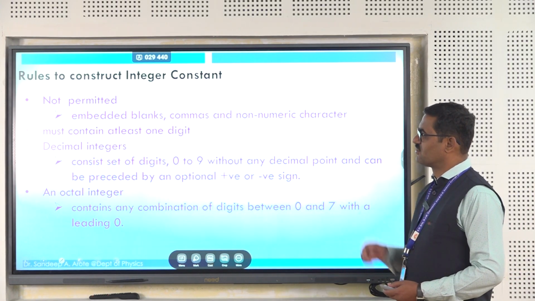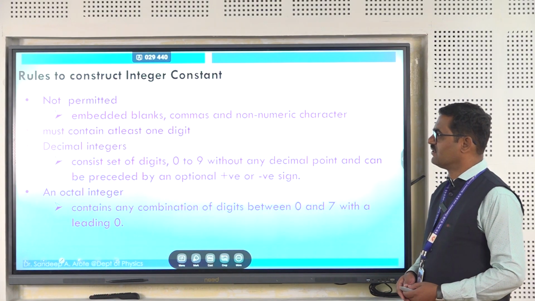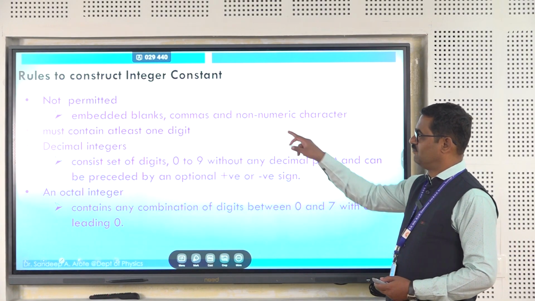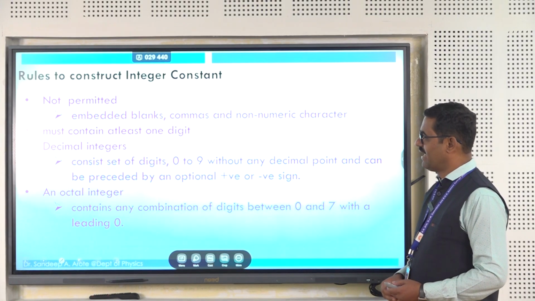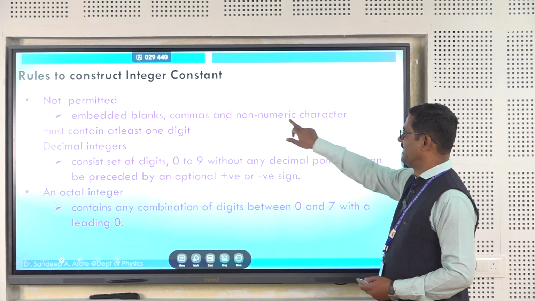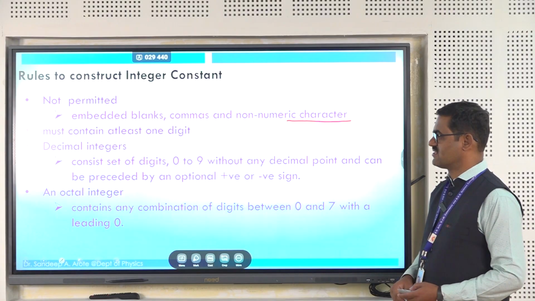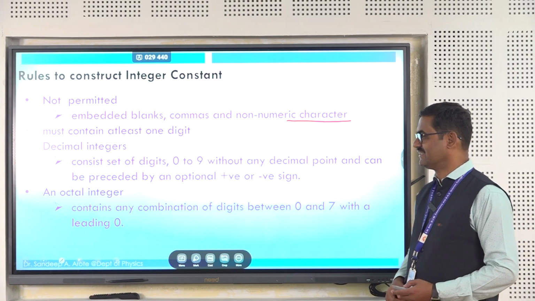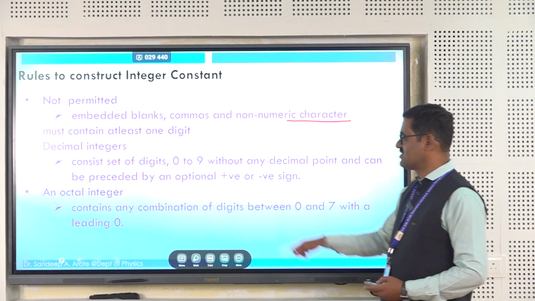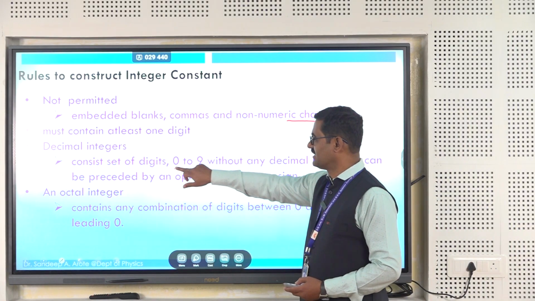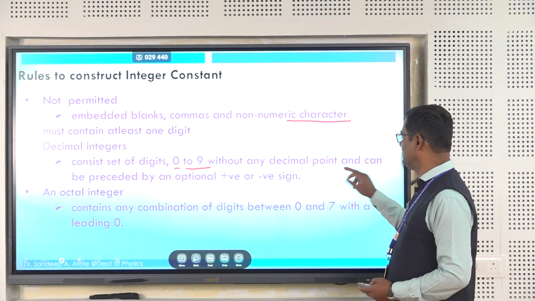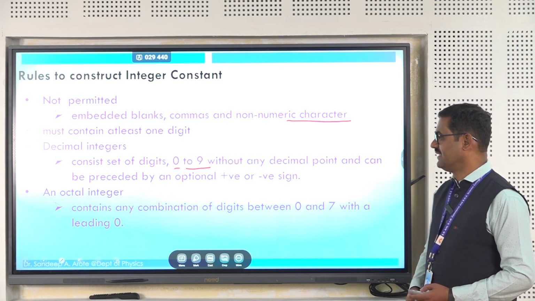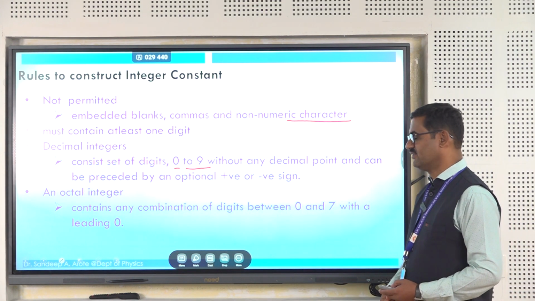So, these are the rules to construct an integer constant. The following things are not permitted: embedded blanks, commas and non-numeric characters. It must contain at least one digit, this is very important. The decimal integer constant consists of only a sequence of characters from 0 to 9 without any decimal point and can be preceded by an optional positive or negative sign.